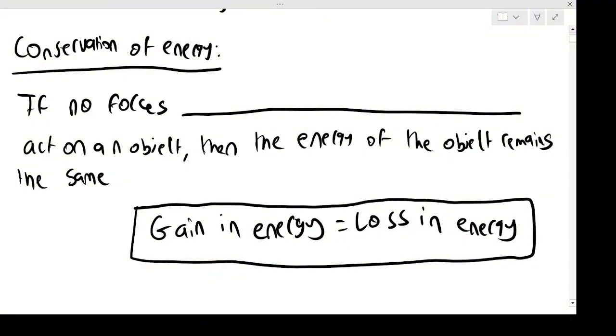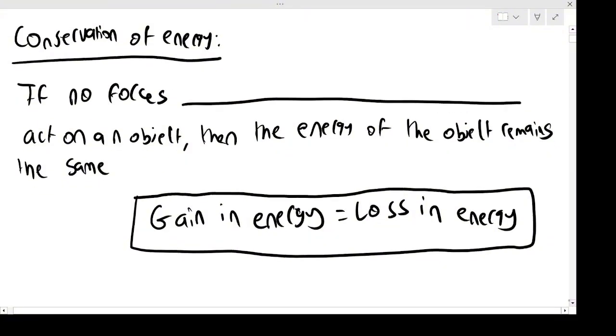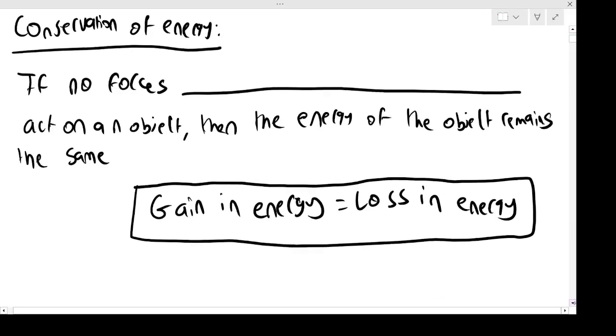So if we gain some energy, then we lose the same amount of energy to keep it balanced. To conserve the energy. More particularly, we've looked at kinetic energy and gravitational energy. So if we gain some kinetic energy, then we have to lose that energy in gravitational energy, so they kind of counteract. We're going to look into that with some examples in a moment to demonstrate that.